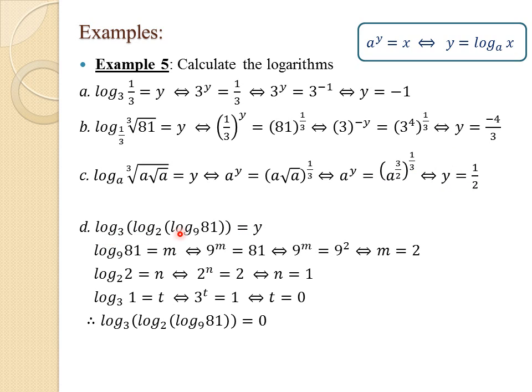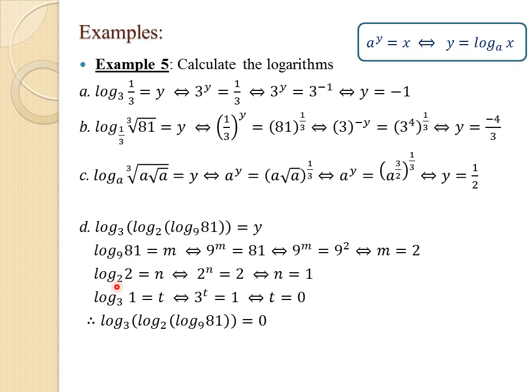Here we have logarithm inside logarithm inside logarithm. So we will start from the inner value. Take it here. Logarithm 81 base 9 equal it to m. Of course, this is 9 power m equal 81. 81 is 9 power 2, thus m equal 2. So this value now is all 2. Again, now this 2 with this 2, this is a new logarithm.